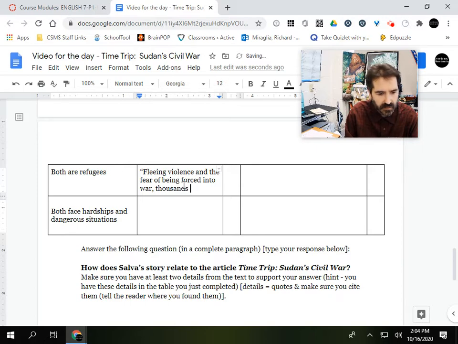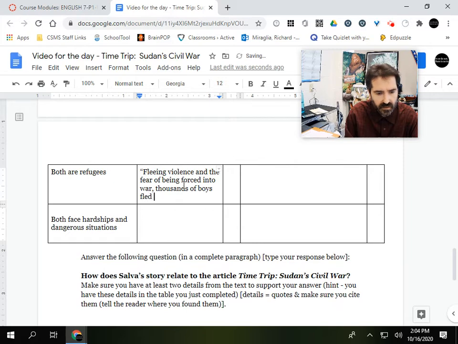Thousands of boys fled by foot." That would be paragraph 2. You remember where Salva had to flee?